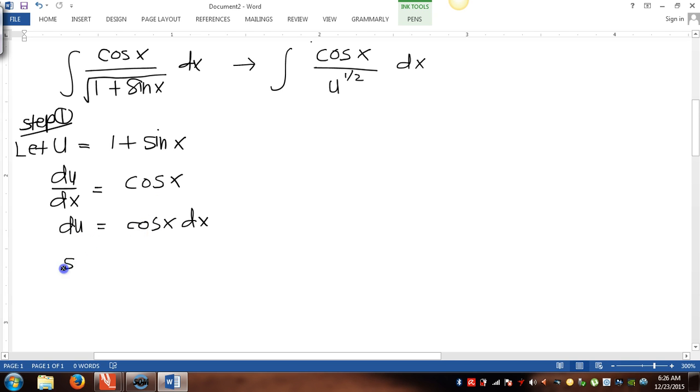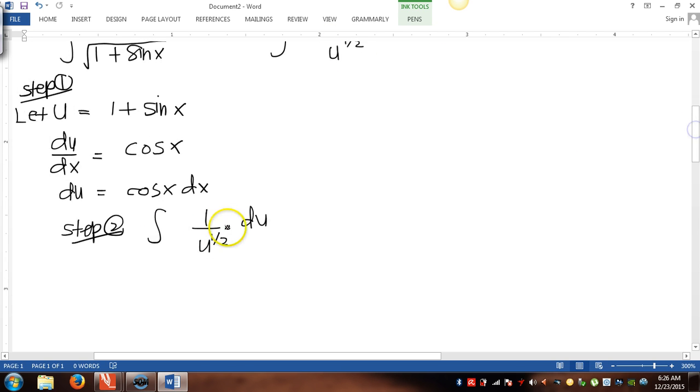Step number 2, what we have to do is substitute all of the information into this integration. So cos x dx actually is your du. So we have 1 over u to the power of a half du, right? Then we have to integrate it.